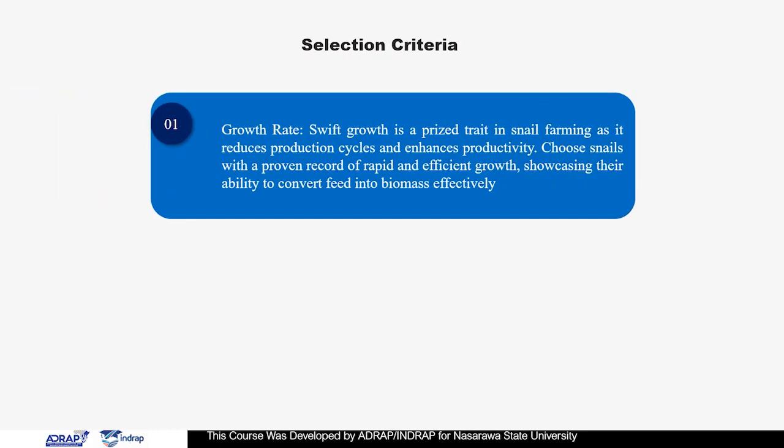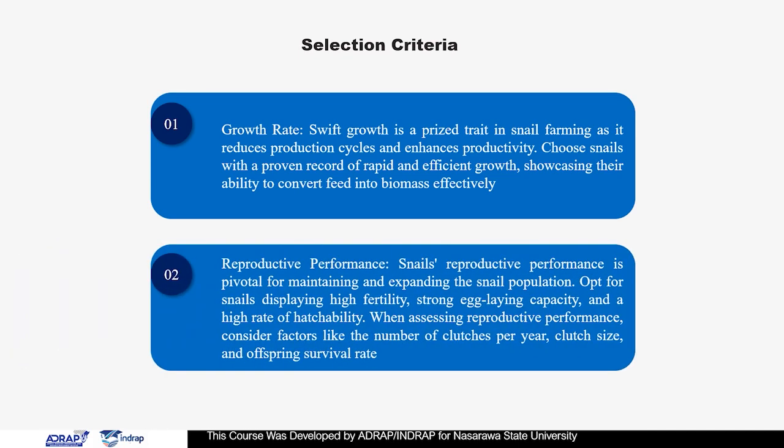Selection criteria. Growth rate. Swift growth is a prized trait in snail farming as it reduces production cycles and enhances productivity. Choose snails with a proven record of rapid and efficient growth, showcasing the ability to convert feed into biomass effectively. Reproductive performance. Snail reproductive performance is pivotal for maintaining and expanding the snail population. Opt for snails displaying high fertility, strong egg-laying capacity, and a high rate of hatchability.